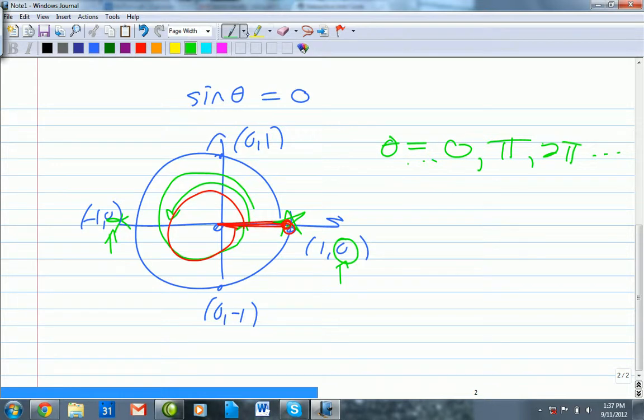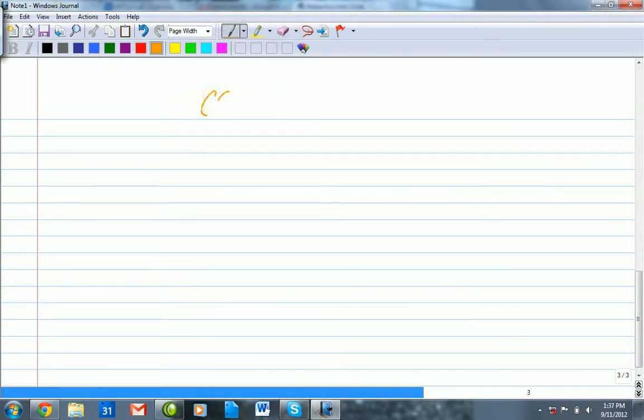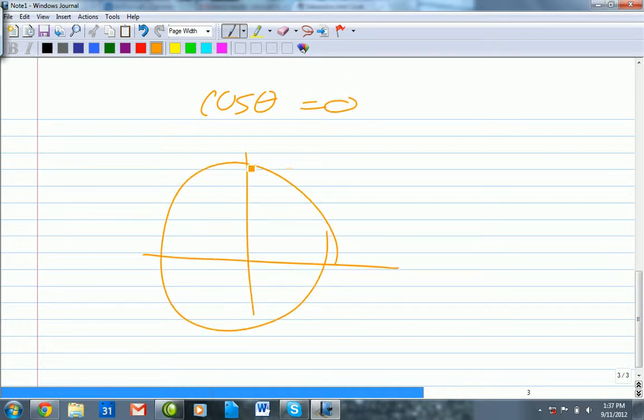Zeros of the cosine are going to be values that land us either at this point, which has a 0 x value, or this point, which also has a 0 x value.